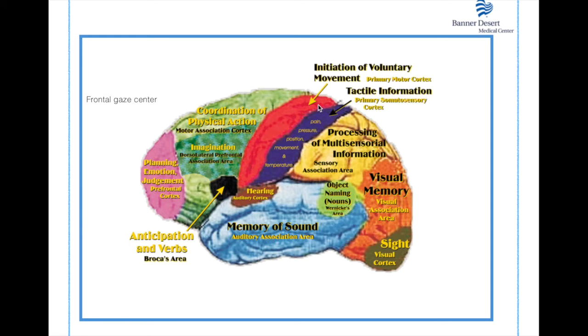So here is the motor strip. It's right in the middle of the brain. So think about it this way. There's an artery here that goes to the frontal gaze center. There's an artery here that goes to Broca's, or an expressive aphasia, inability to talk. The one in the middle goes to motor, then goes to neglect, then hearing and understanding.